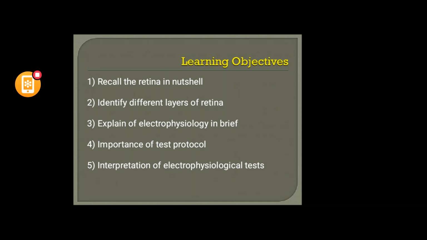So I guess all of you have attended the session which I had last Sunday or second last Sunday, if I'm not wrong. So these were my learning objectives. Recall the retina in a nutshell, identify layers, then electrophysiology, working principle of electrophysiology, and importance of the test protocol, how this is guided, and finally the interpretation of electrophysiological test.